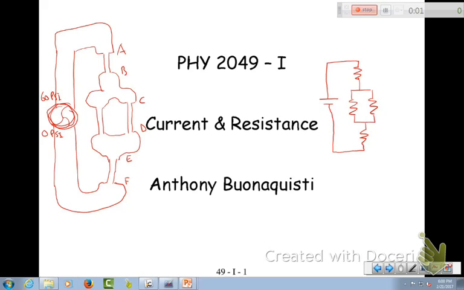Where do you think the 60 psi will be on the right-hand side of that diagram? Will it be at marker A? Will it be at marker B? Will it be at marker C? Will it be at marker D, etc.? The clickers only have A through E. That's what I'm saying. It's not F. He's giving you a freebie.